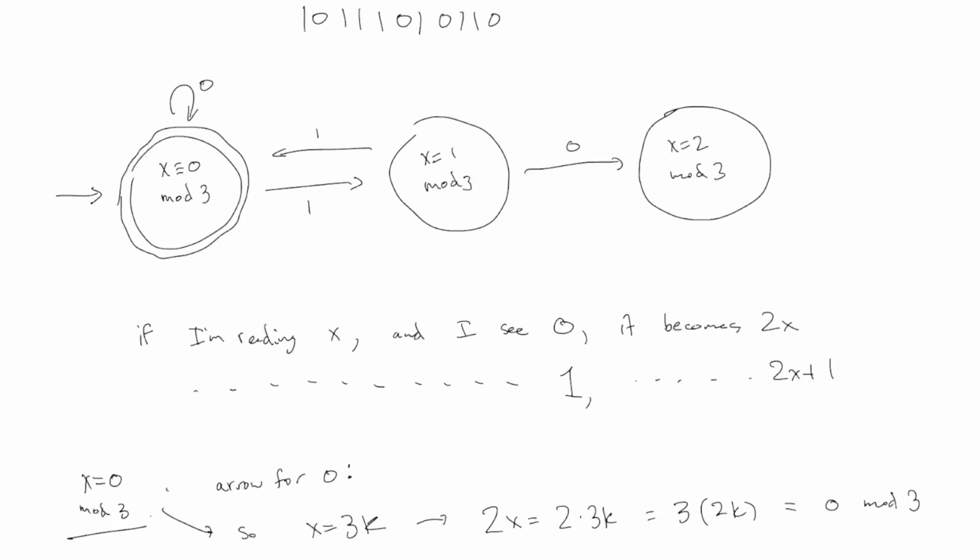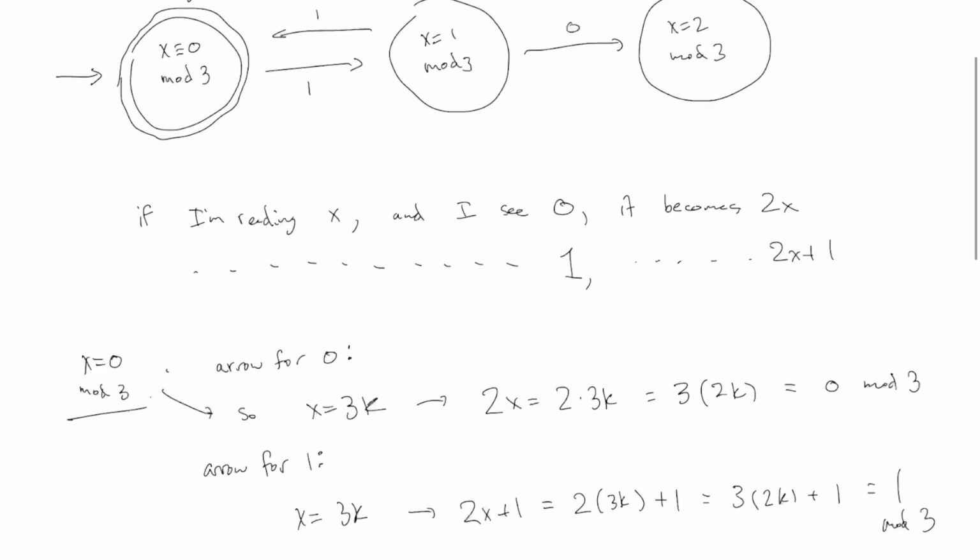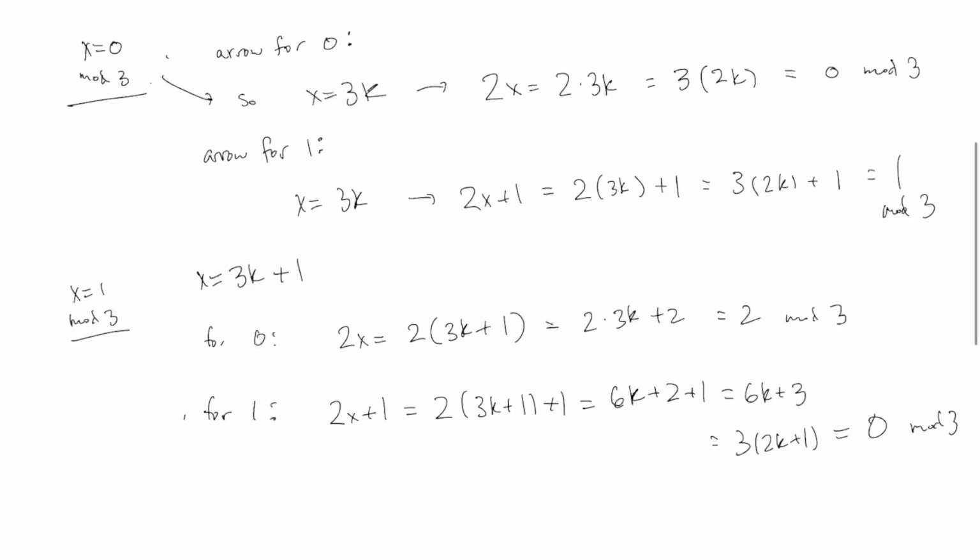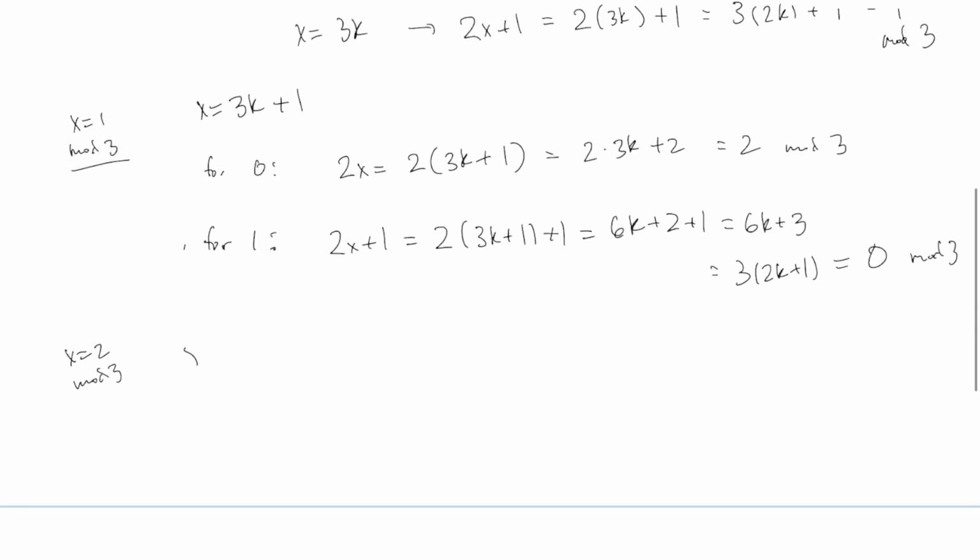All right? Can you fill in, there should be 2 arrows here. I hope that you're following what I've done here. You should do basically the same thing again, but for the x equals 2 mod 3 case. So start by saying x in this case is 3k plus 2, and then see what happens when you multiply by 2 or do 2x plus 1.